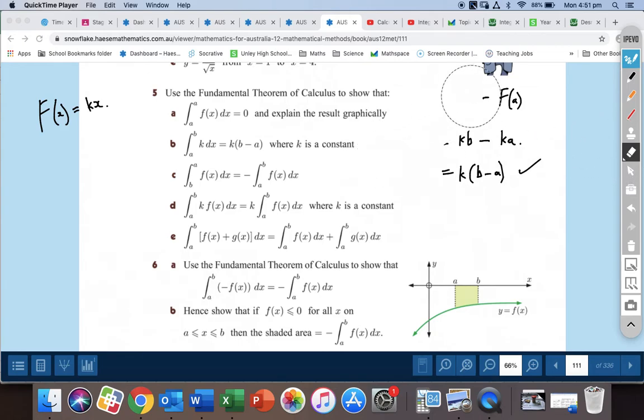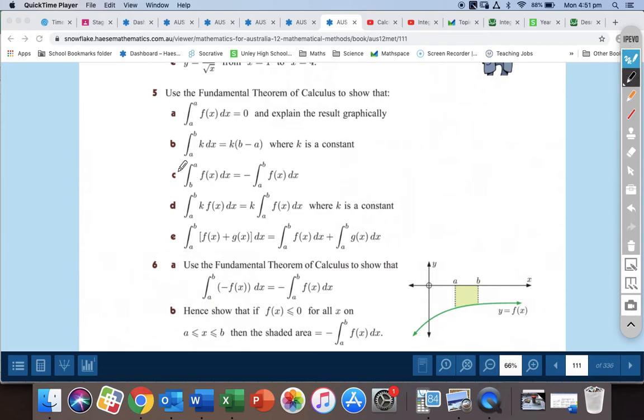All right, next one. Next one is C. We're going from B to A. Ooh, and A to B. That's kind of interesting. And they're saying that if you integrate from B to A, you get the negative compared to A to B, right?